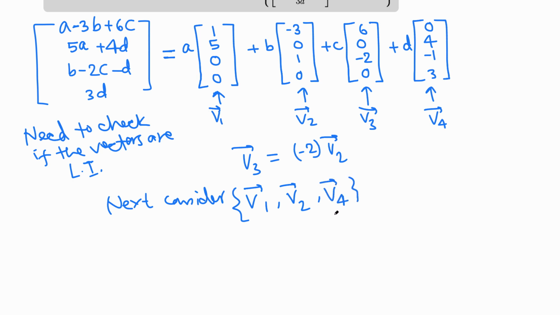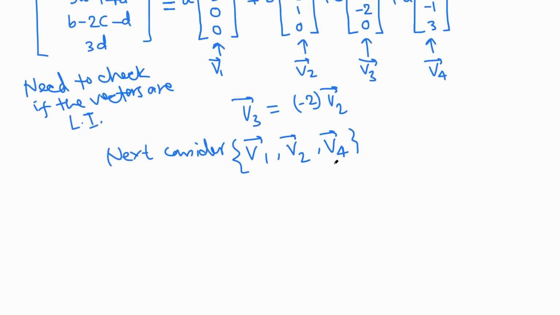We check if one of them is a constant multiple of another, and that's not the case. But we might not have seen the linear combination; v4 still could be a linear combination of v1 and v2. In that case, we don't need all the vectors. So let's check if they are. Next, consider these 3 vectors and check if they are linearly independent.